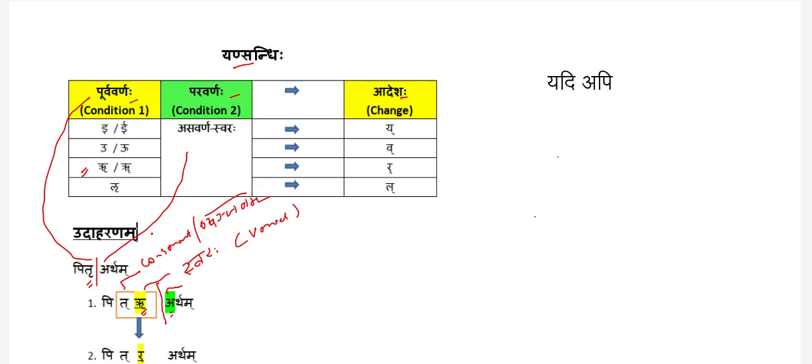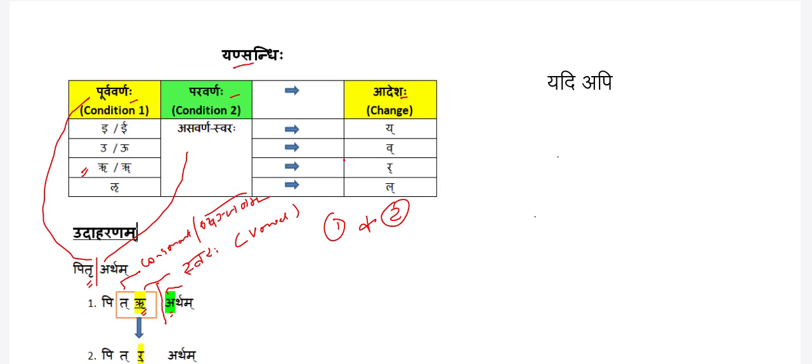It means that the Paravarnaha is a Swara again, which is not Rikaraha. So this is Akaraha, which means it's a different Swara, different from Purva Varnaha. So the first condition is met and the second condition is also met, so we can perform Yan Sandhi.